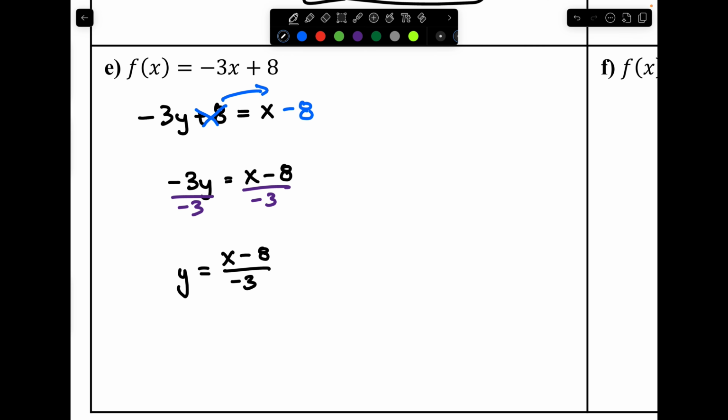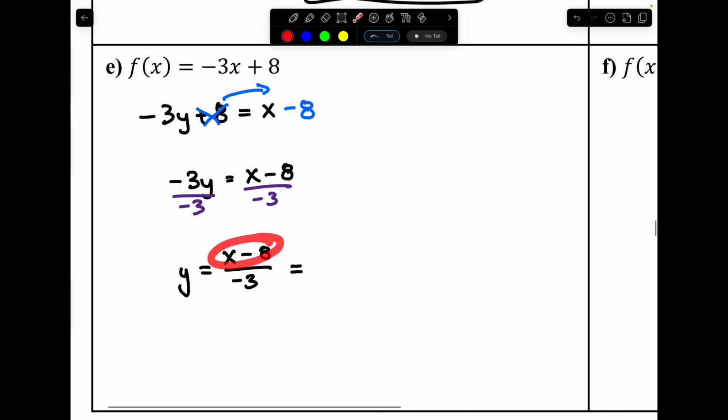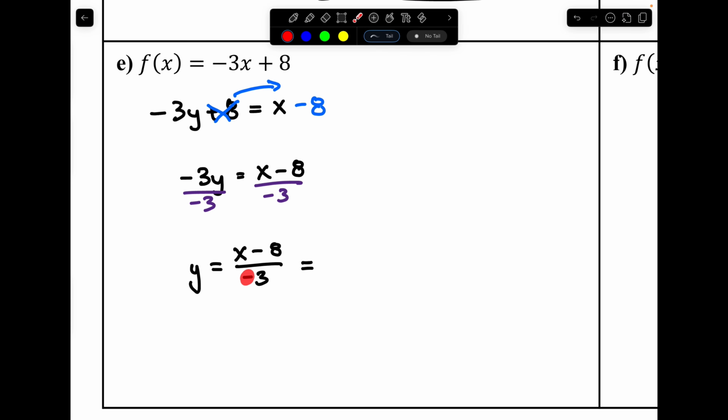Now the reason I wanted to go over this one is because, again, what do we do when we have a negative coefficient, we're dividing by a negative number? Well, you could leave it exactly as it is, and nothing will be wrong with that. But in most cases, it looks kind of weird, at least in my opinion, to have a negative value there. So recall that both of these numbers up here in the numerator are both being divided by negative 3, and specifically by that negative sign as well.